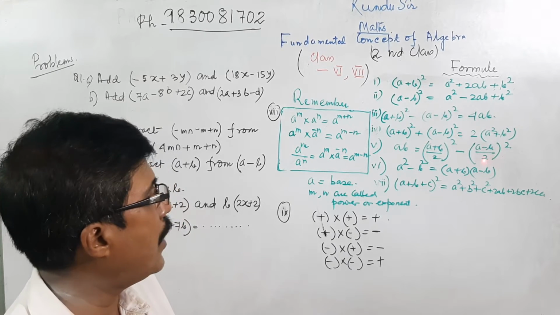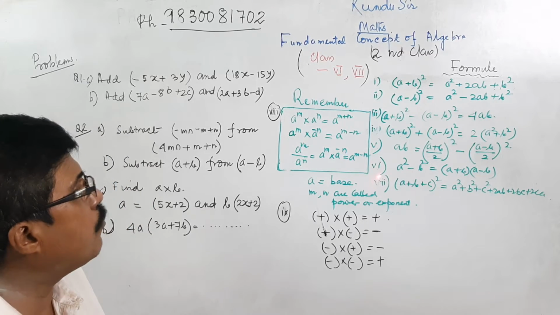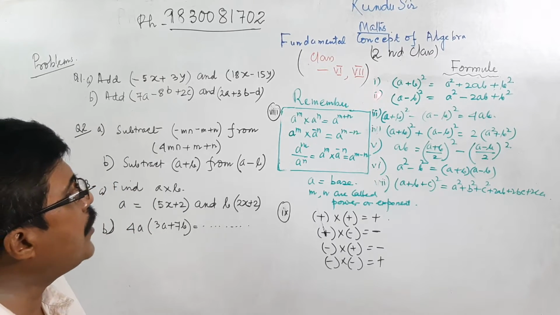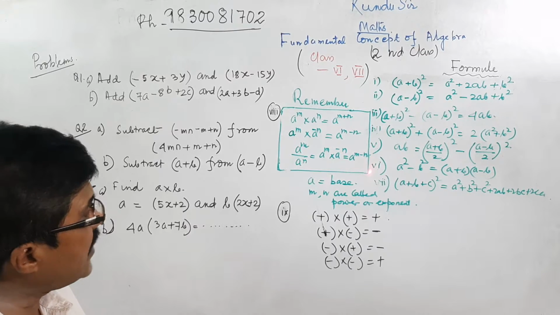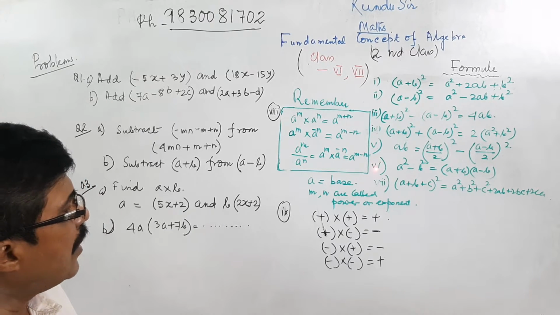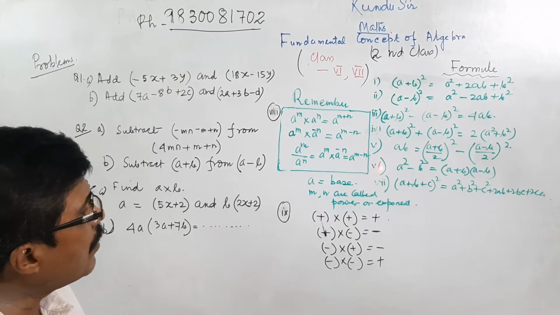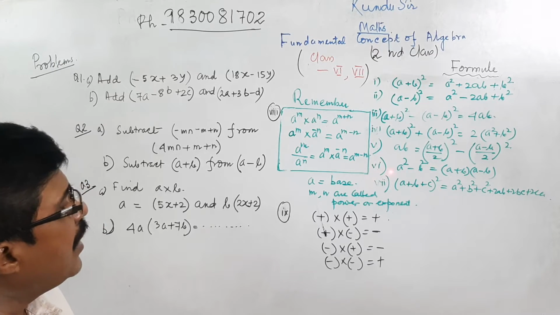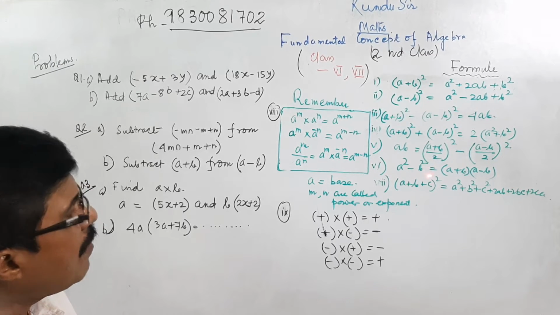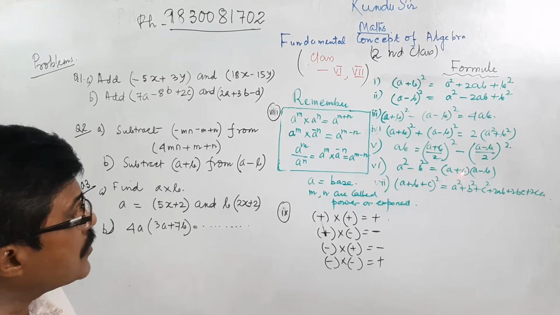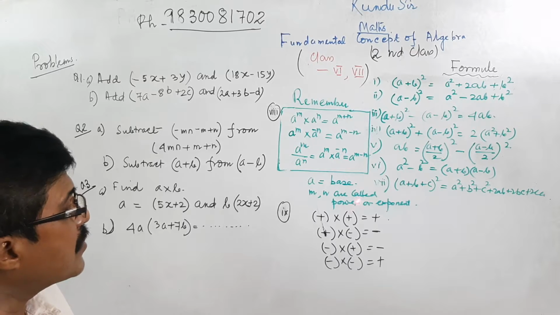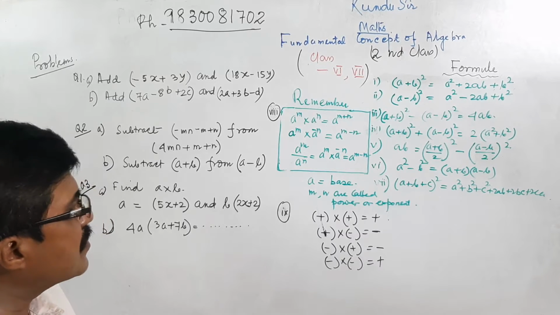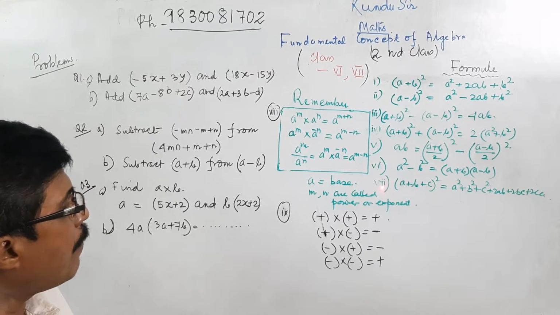The next most important formula is number 6: a square minus b square equals (a plus b) into (a minus b). And for this class, the seventh formula, number 7.